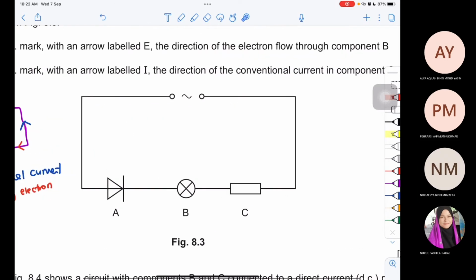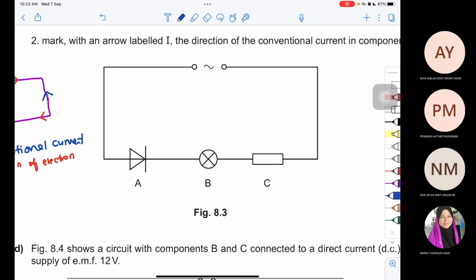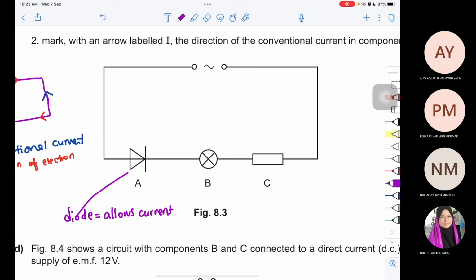Now, what is the function of a diode? A diode only allows current to flow in one direction only.